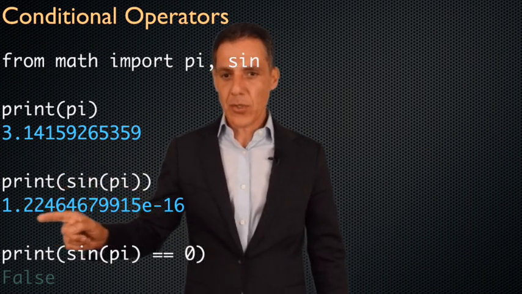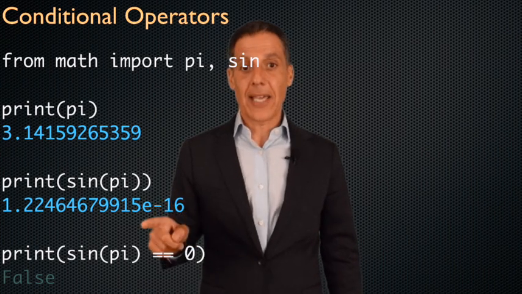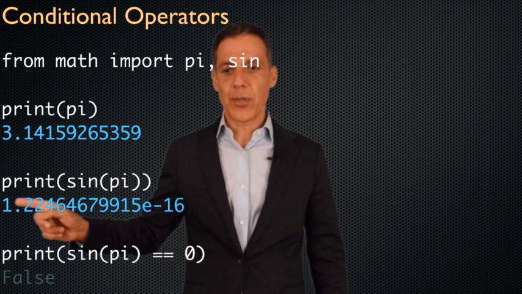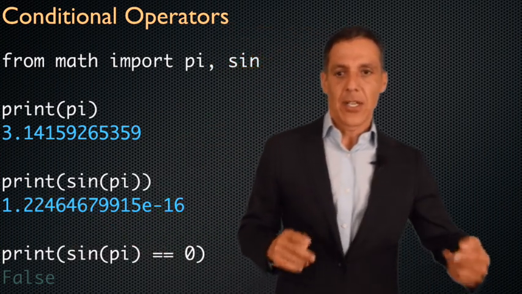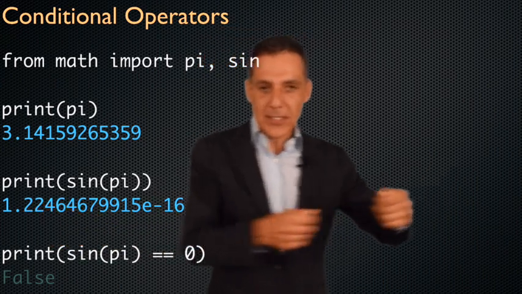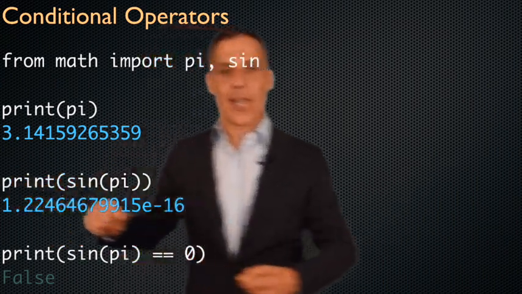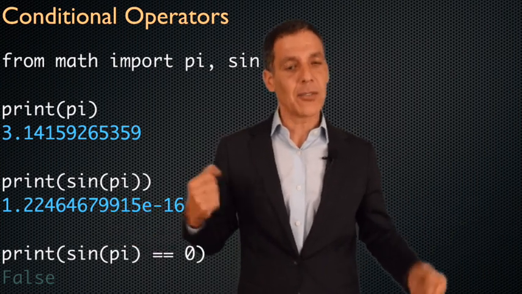I get 1.22, look at that, e minus 16. This is scientific notation. It means 1.2, etc., times 10 to the minus 16. So imagine taking that decimal point and moving it 16 decimals over to the left. So it's close to 0, but not 0.